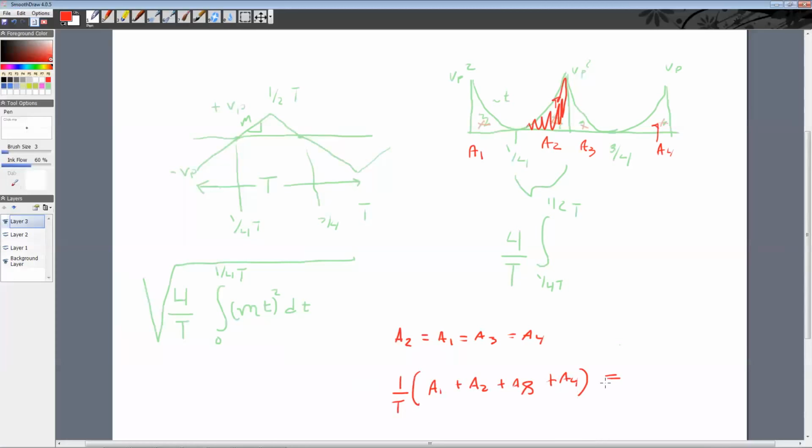Which also equals, if that's equation 1 and that's equation 2, substitute 1 and 2 and combine, 4 divided by T, area 2, is this, all right?